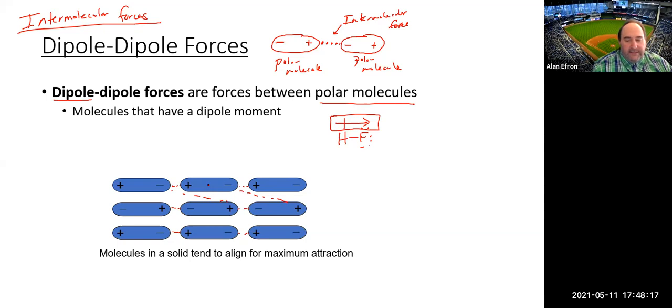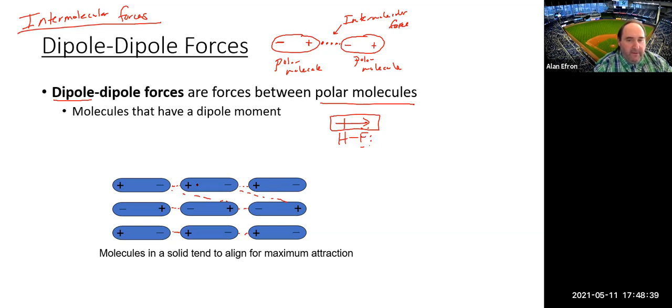And what they typically tend to do, especially when they're in the solid phase, packed in really tight to each other, is try to move around enough that they maximize the attractive forces.